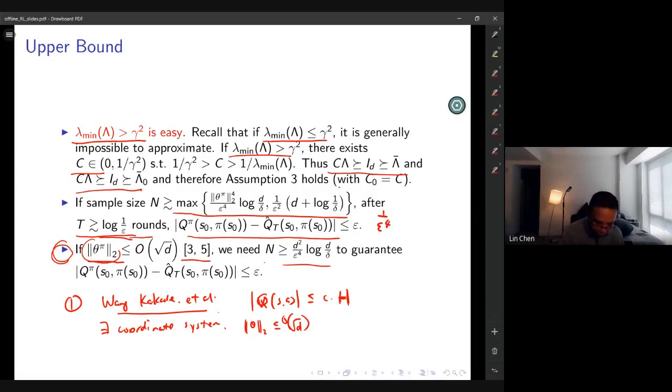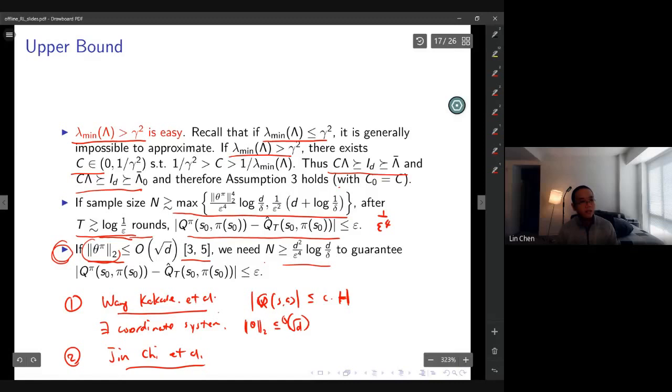And this assumption is also assumed in Qijing's paper, but as far as I can recall, he didn't write much about the justification of this assumption.